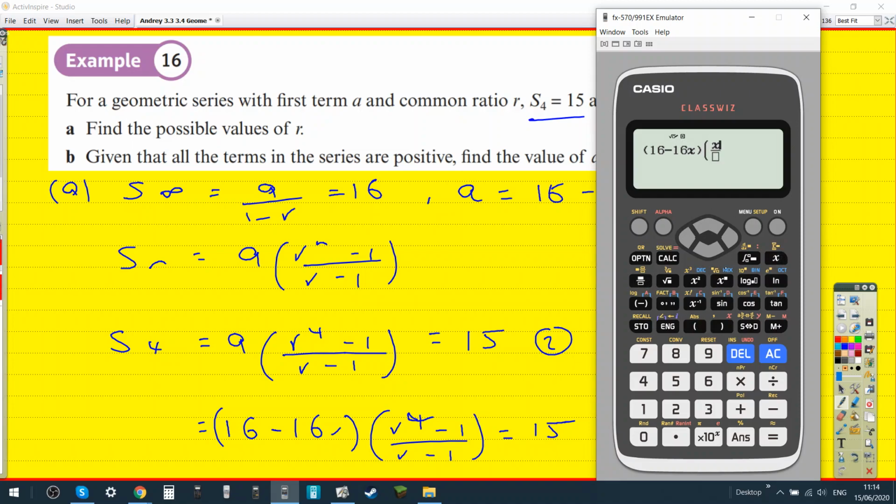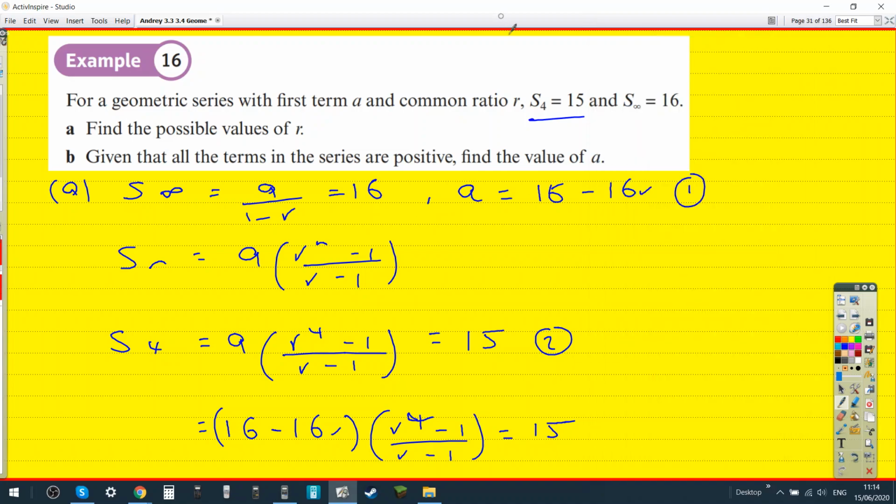It helps to press the fraction button first when you're in the bracket. I've got a half. So R equals a half. It's saying possible values of R, I notice.